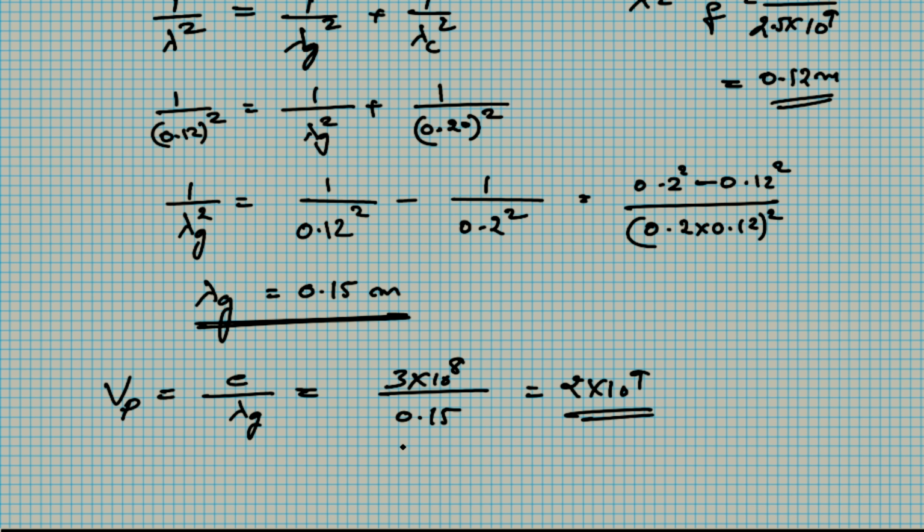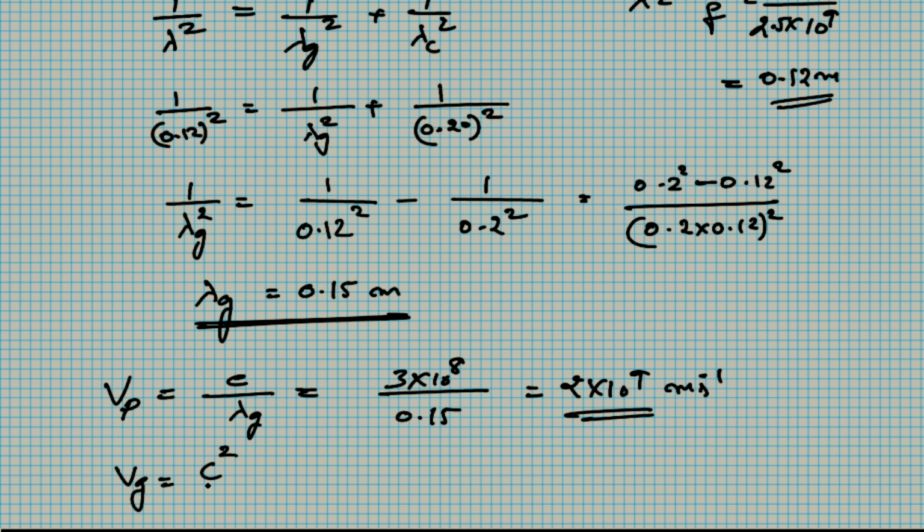What's the phase velocity? Vp equals 2 into 10 to the 9 meters per second, isn't it? Now, once you have Vp, how do you convert it into Vg, the group velocity? It's a pretty standard equation, everywhere, irrespective of which concept we are discussing. The equation is Vg into Vp equals c square.